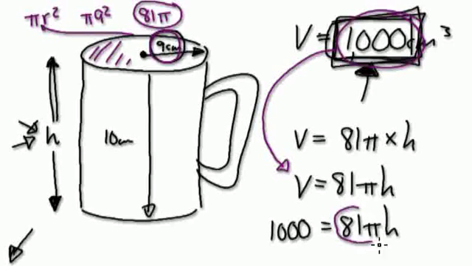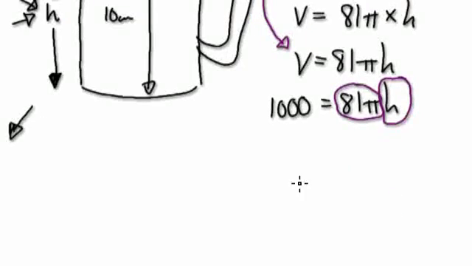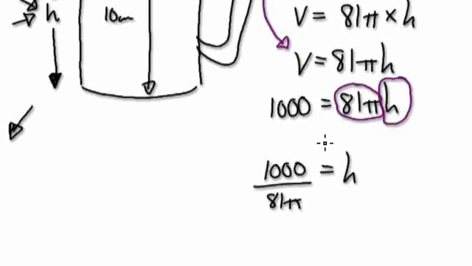Visualize it as 81 times pi times h. You want h to be on its own, so divide both sides by 81 pi. So h is 1,000 divided by 81 pi. In order for this to hold this amount of water, h must be this.